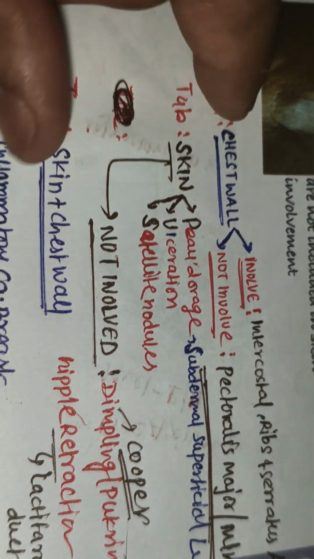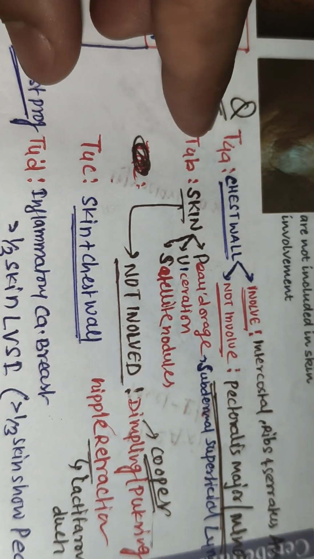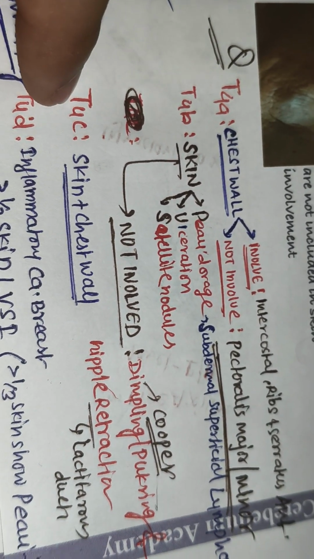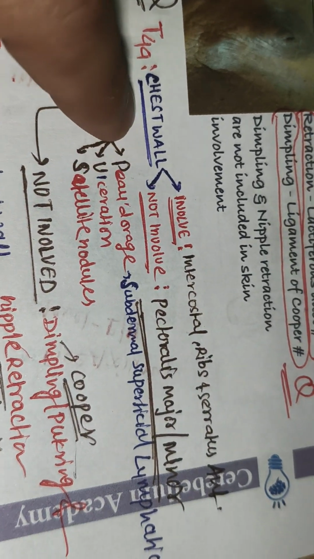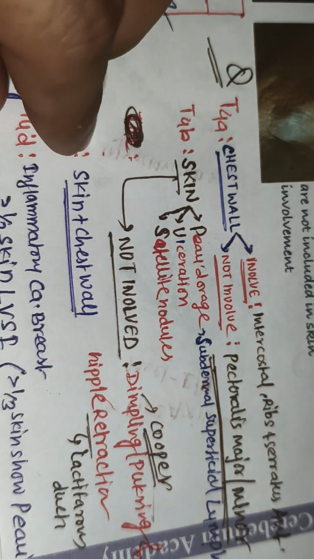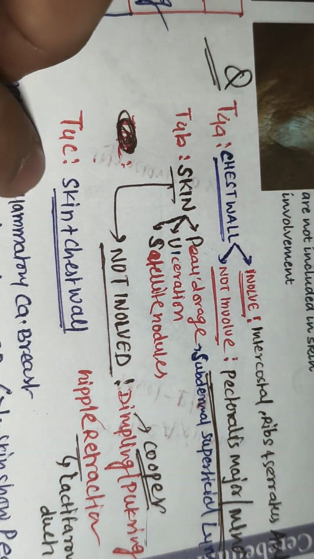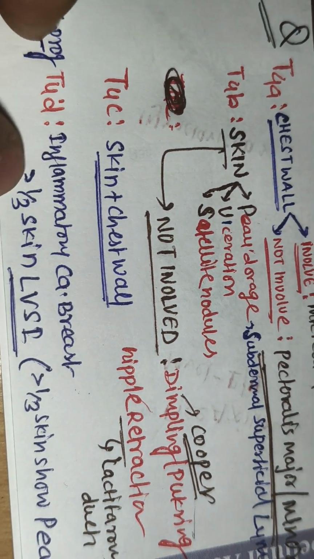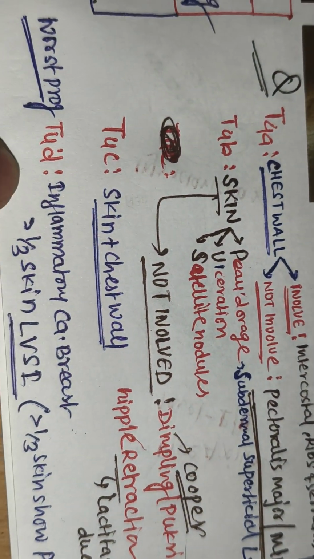And also the stages T4a, T4b, T4c and T4d. T4a is involvement of chest wall, T4b skin, T4c skin plus chest wall, and T4d inflammatory carcinoma of breast. Everyone knows this, it came in last NEET PG.